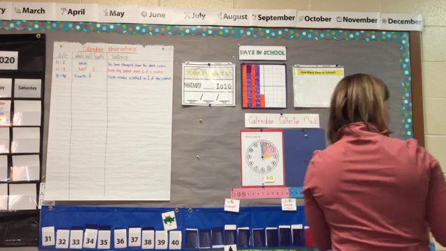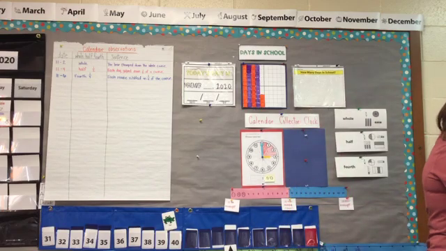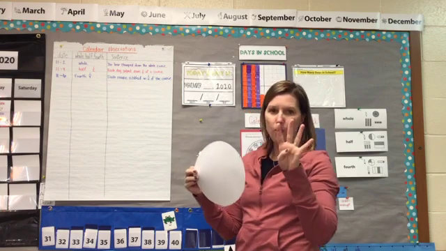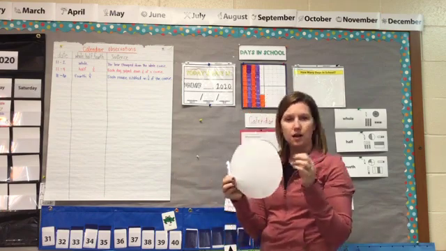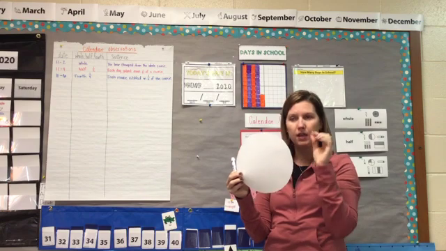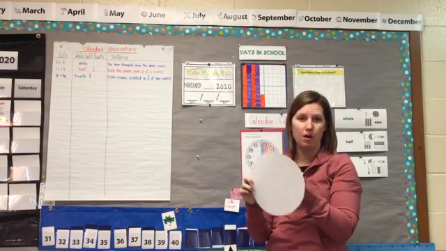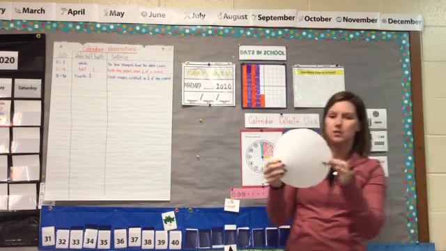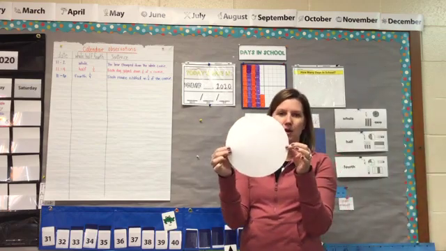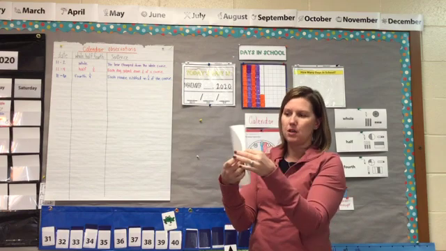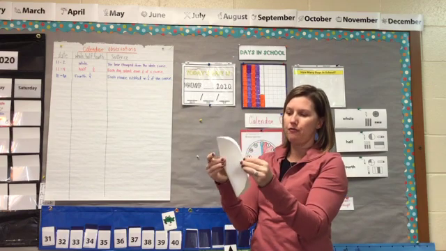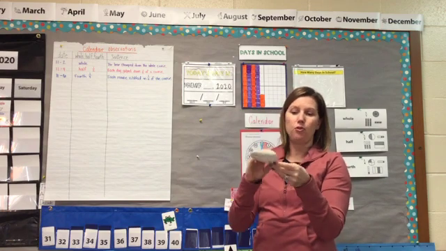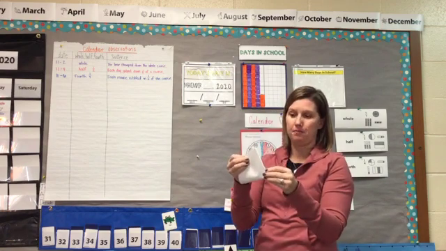Well, now let's say we have our cookie, but now we have 4 mice that each want 1/4 of the cookie, okay? They each want a part of the cookie, and they all want the same size piece of cookie. So if we have our whole cookie and we need 4 equal parts, we're going to fold it in half, right, to make our half, but then we can fold it in half again.